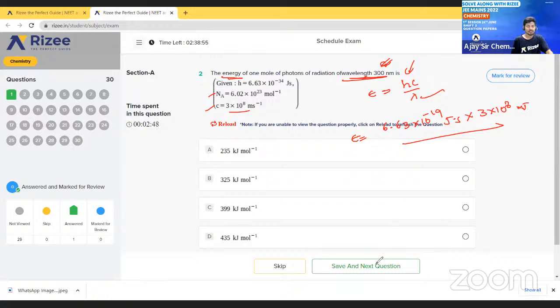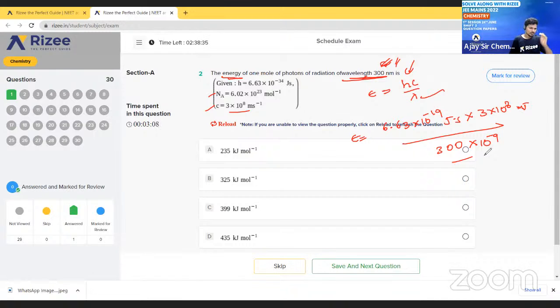We have to convert this nanometers into meters, so I have to multiply with 10 to the power of minus 9, then I'll get the answer in meters.